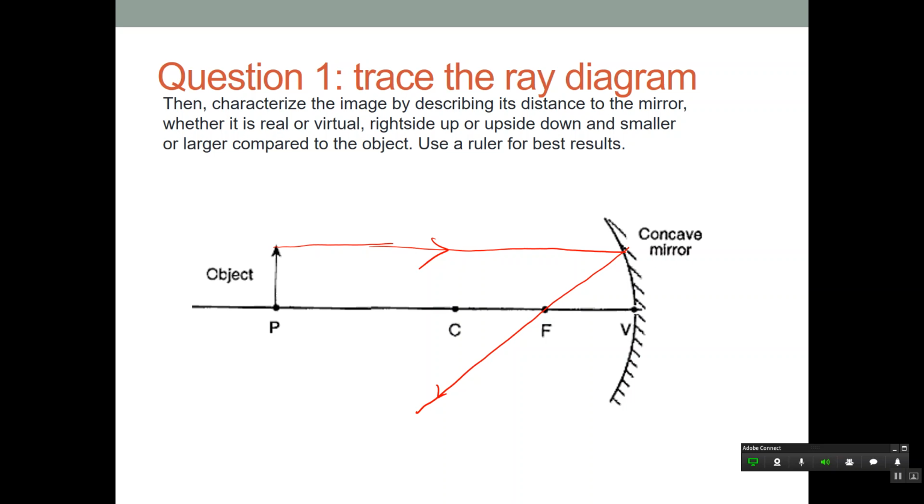All right, so that was the first one, parallel to the principal axis and through the focal point. Let's do the next one, which is through the focal point, and parallel. I should do it in a different color, actually.